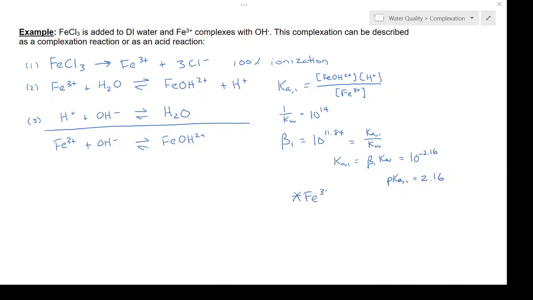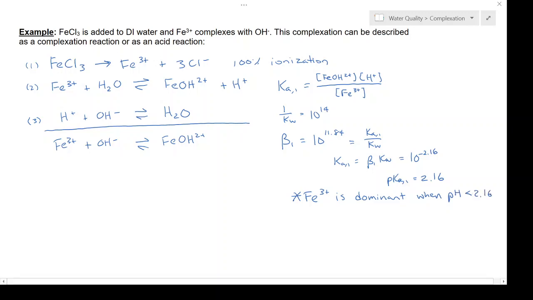Fe3+, or ferric ion, is the dominant species of these two species when the pH is less than 2.16.